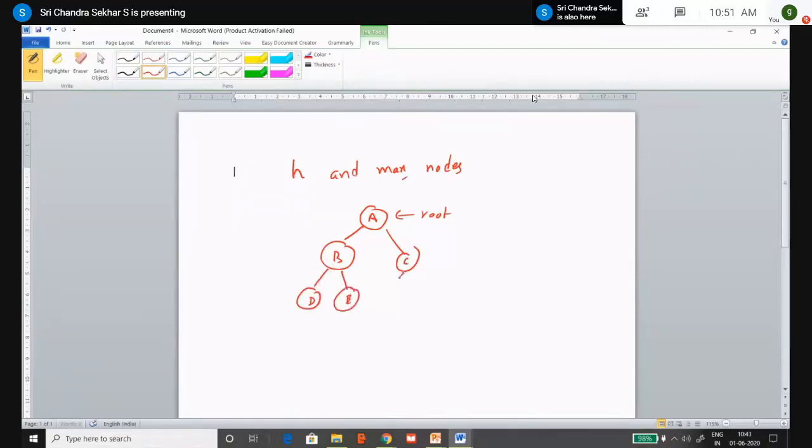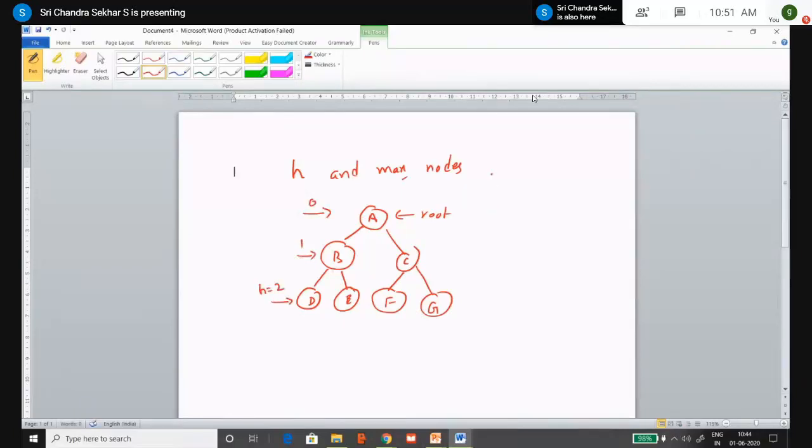For example, you take one more, C, F, and G, right? What is the height of this tree? Here the root is taken as 0 and the next level as height equal to 1, and the height of this binary tree is 2, right?